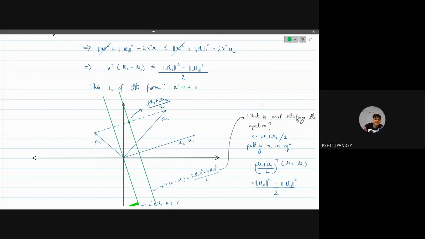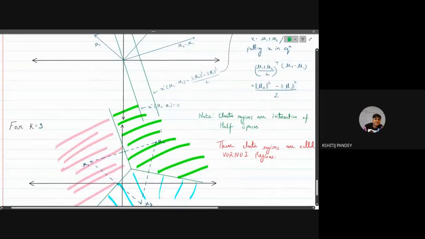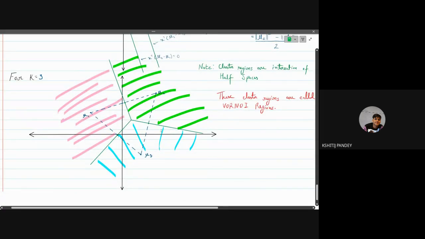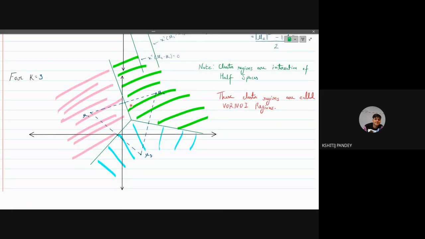Now the next thing is initialization. One question: the Voronoi region is the intersection of two halves, no? So is the intersection the perpendicular line? Let's look at that. When we say intersection of two half spaces, what do we mean? When we want to find the region of mu1, we find the perpendicular bisector for this distance, this line.